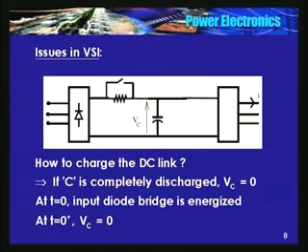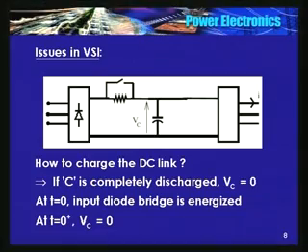Okay. So what is generally done is, the capacitor is charged through this resistor, okay, and when the capacitor voltage has attained approximately 80 to 90% of the rated value, you close the contactor switch to bypass this resistor. Okay, so thereby you limit the charging current and protect this diode bridge. Okay, so this is about charging the capacitor.